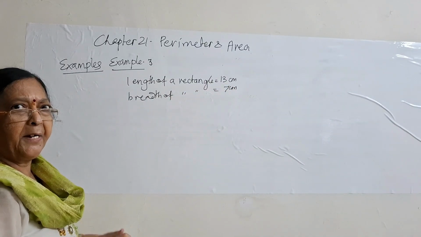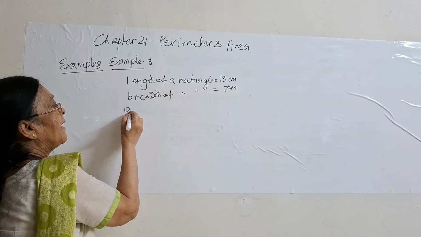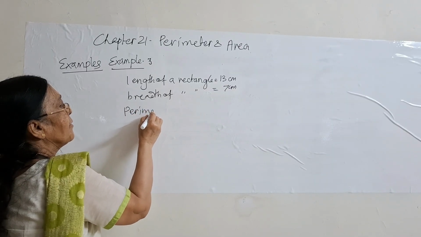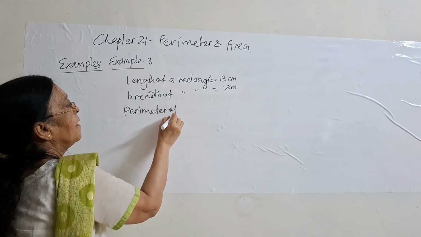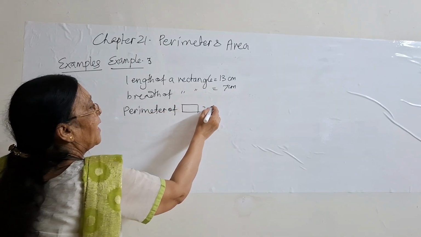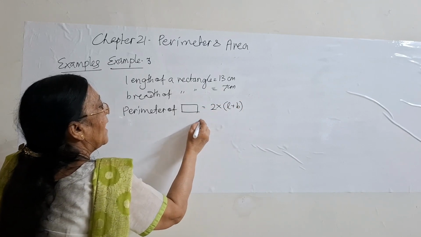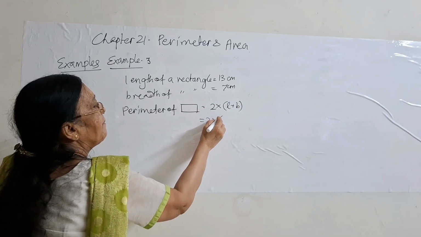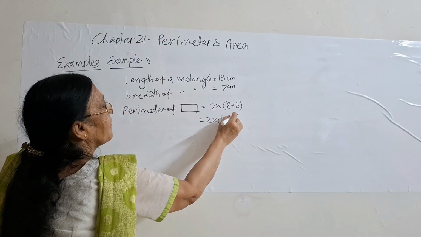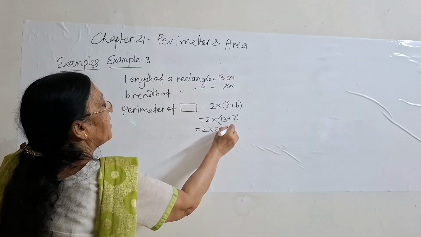Now we have to find its perimeter. The perimeter of a rectangle is 2 multiplied by length plus breadth. That is 2 multiplied by 13 plus 7, which is 2 multiplied by 20, equal to 40 centimeters.